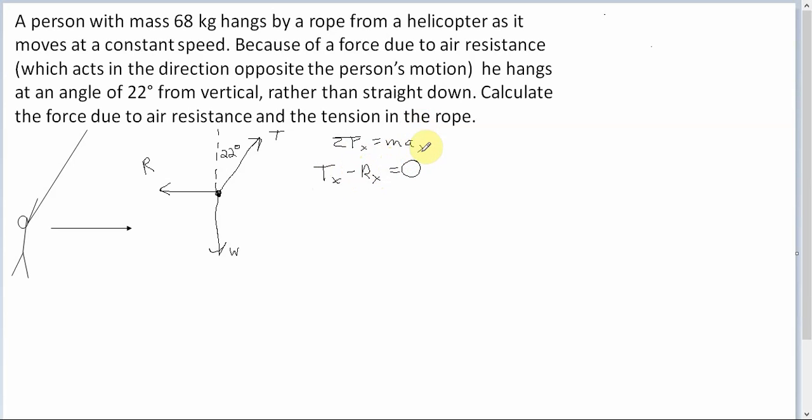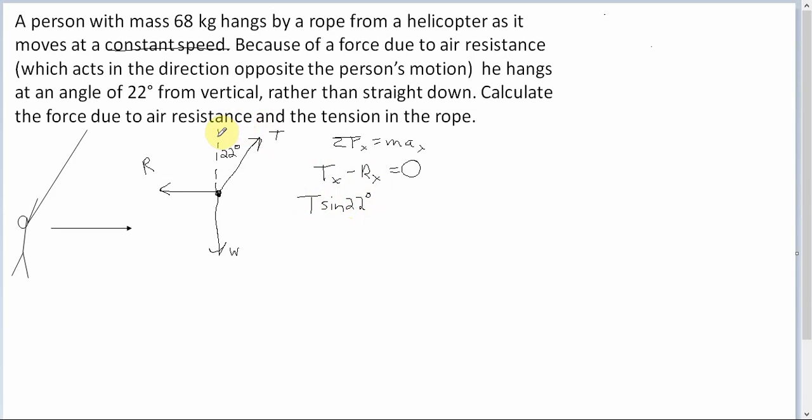Our acceleration is 0 because the helicopter is moving with a constant speed. Tx, the x component of T, is going to be T times the sine of 22 degrees.